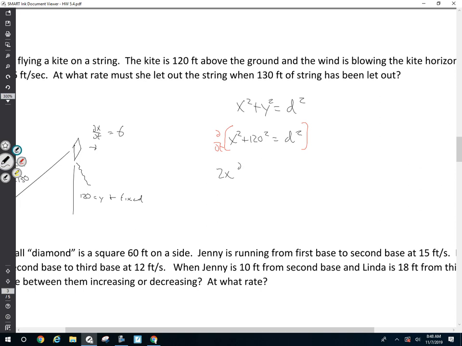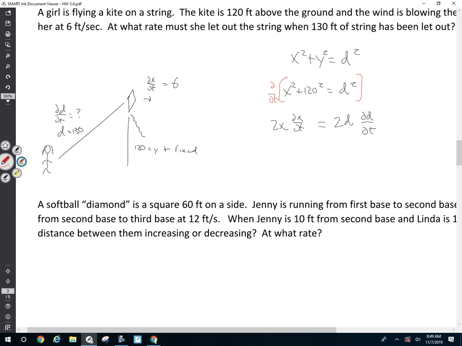I get 2x dx/dt equals 2D dD/dt. The 2's cancel.